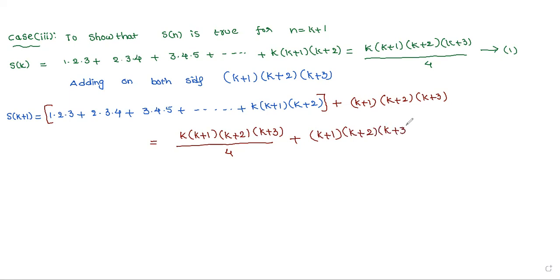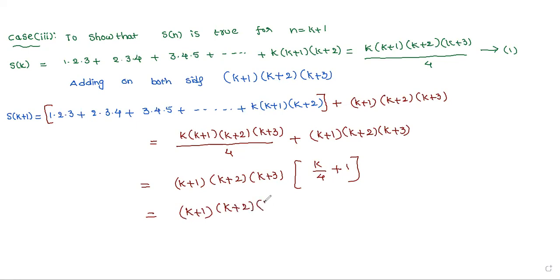What is common in both terms? k plus 1 is common, k plus 2 is common, k plus 3 is also common. The remaining term is k by 4 plus 1, LCM 4, k plus 4 by 4.